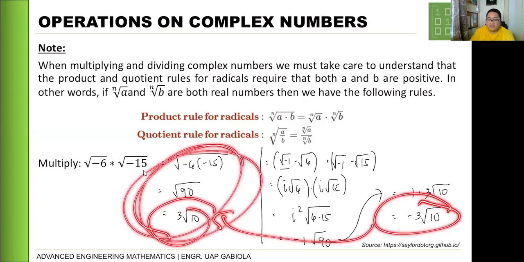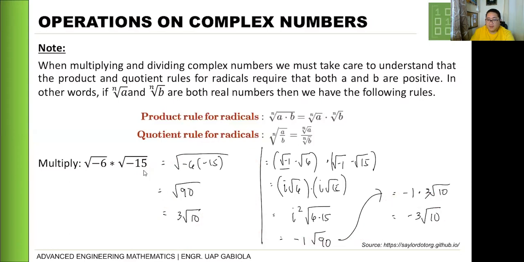So, kapag pareha siyang negative, mas magandang gawin or in any situation, mas maganda, i-convert nyo muna siya dun sa imaginary counterpart niya before you proceed sa any operation. Okay? So dito, ginawa natin siyang square root of 6i tsaka square root of 15i to represent yung square root of -6 tsaka square root of -15 para makuha natin yung tamang answer niya.